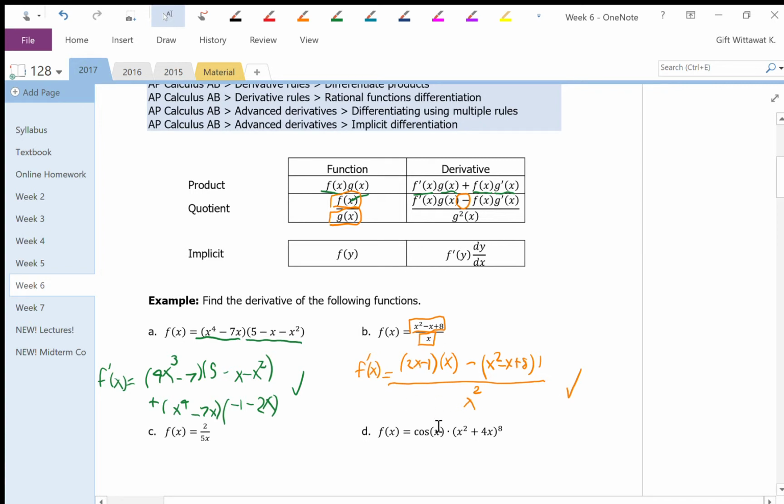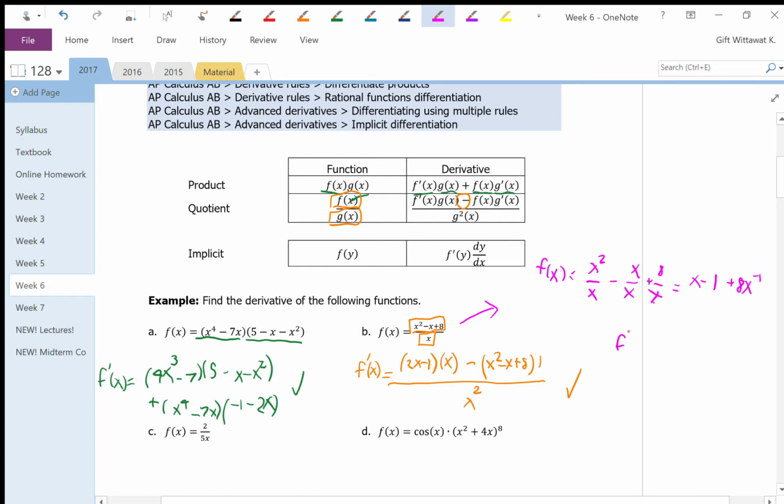Now, there is also another way to find the derivative of this. You can simplify it and find the derivative as well. I can rewrite my function as x squared over x minus x over x plus 8 over x, which is x minus 1 plus 8 times x to the minus 1.